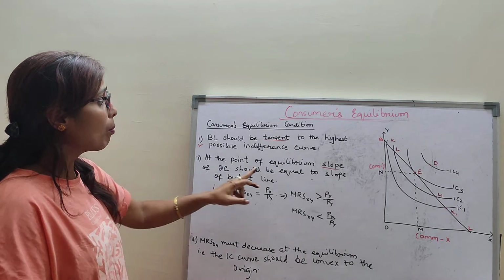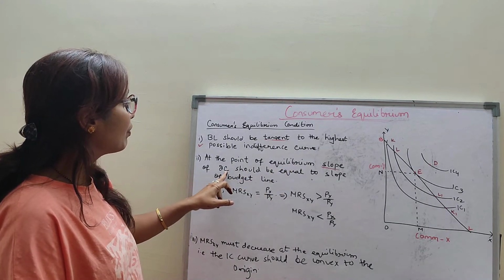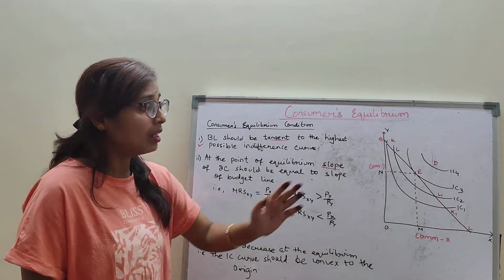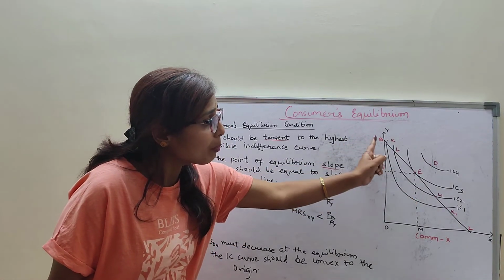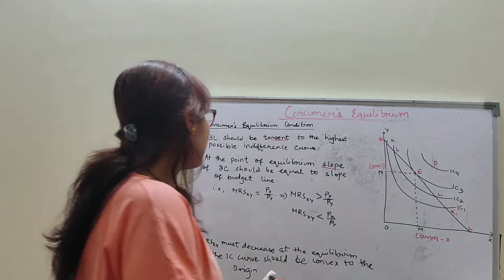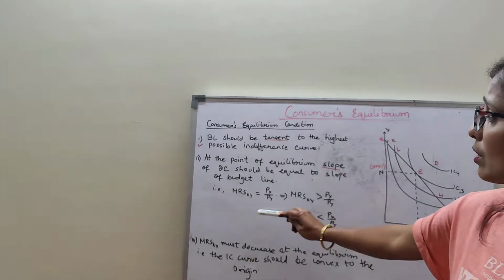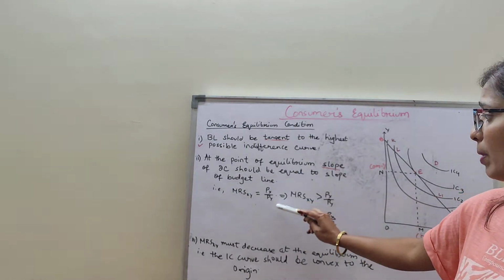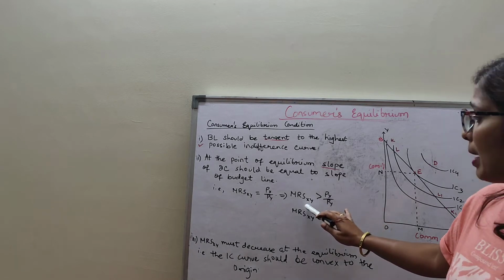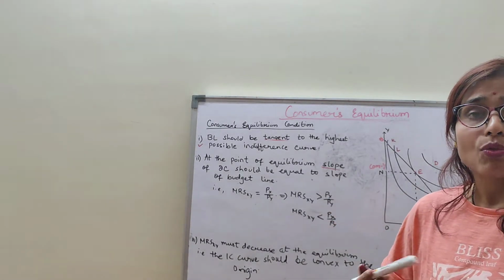Second point: at the point of equilibrium, the slope of the indifference curve should be equal to the slope of the budget line. Slope means the shape. The shape of the indifference curve must be equal to the shape of the budget line. Now you can see here, the slope of IC is denoted as MRS and the slope of the budget line is denoted as PX by PY. So if MRS is greater than price, then what does it imply?